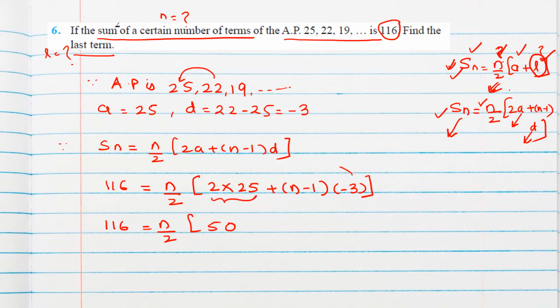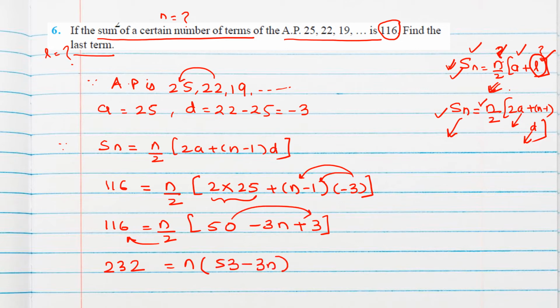From minus 3 we can open the bracket, so minus 3 into minus 1 gives plus 3. This 2 also we can multiply and take here. So 232 will equal n, and inside the bracket 50 plus 3 we can do, 53 minus 3n. Now open the bracket. So 232 will be 53n minus 3n square.